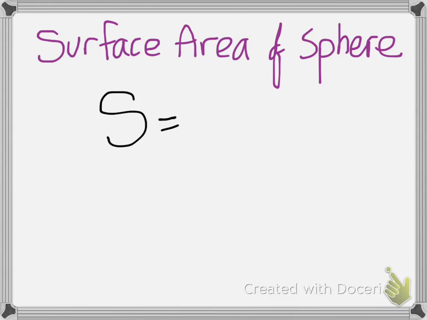Alright, let's find the surface area now. The surface area of a sphere has a different formula, okay? And this one is almost the same though. You might notice a similarity between them. The surface area of a sphere is 4 pi r squared.